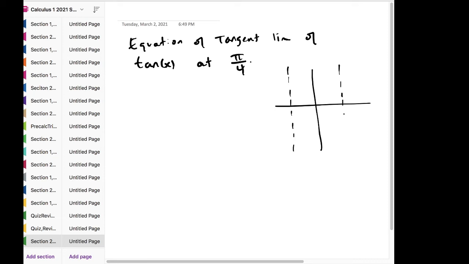What information do you need? Right, I need the derivative of tangent, which is what? Secant squared, good. So what do I do with the derivative? Right, plug in the point I care about.